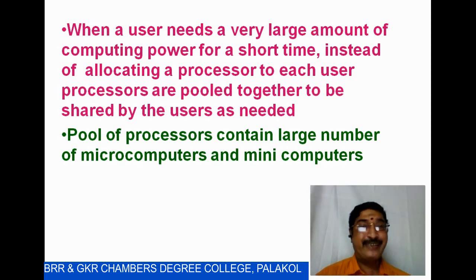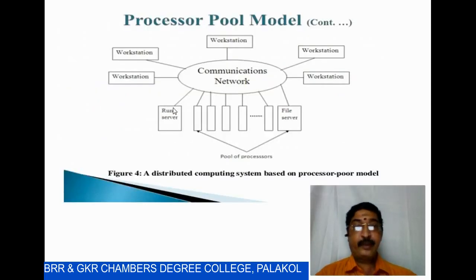If you observe this diagram, here these are the workstations connected with the help of a communication network. Of course, some servers are there, and these are the pool of processors. A number of processors are grouped here as a bunch.